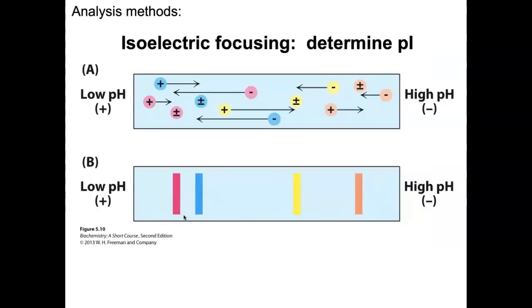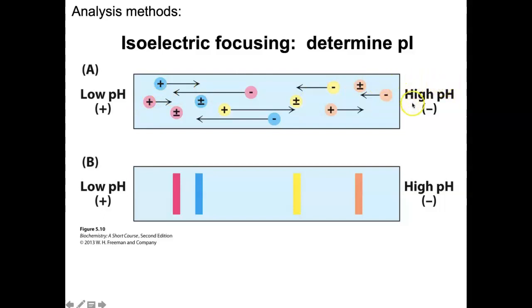All right, so let's review isoelectric focusing. It involves 2 components. We need 2 electrodes, just like any electrophoresis, but in addition, we also use a pH gradient. So when proteins are at low pH, they tend to get protonated, more positive, and move towards the negative electrode.